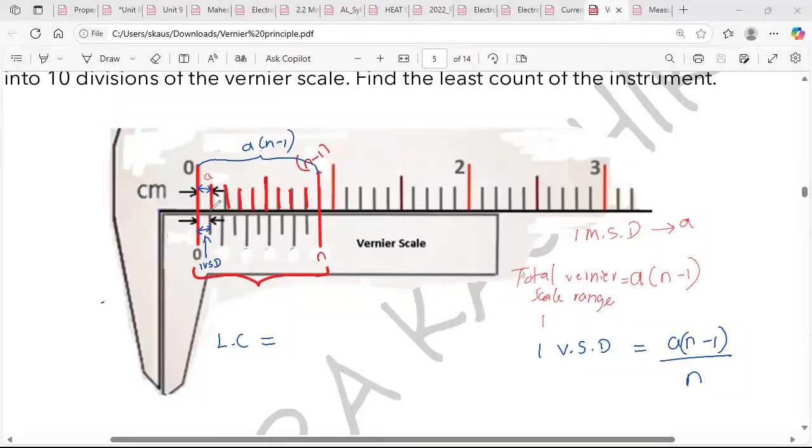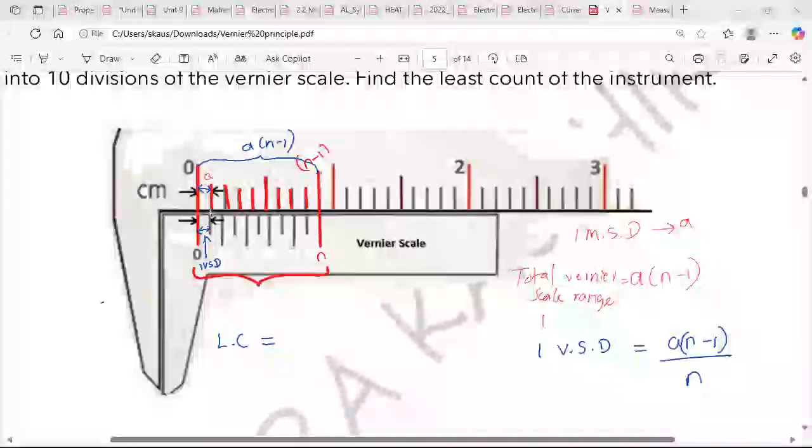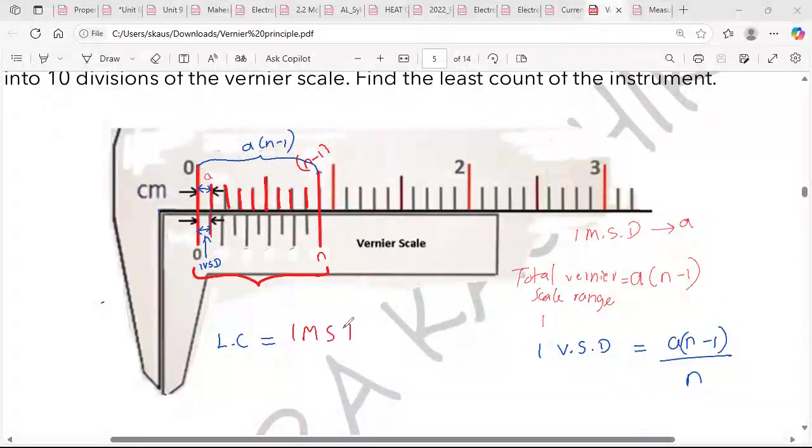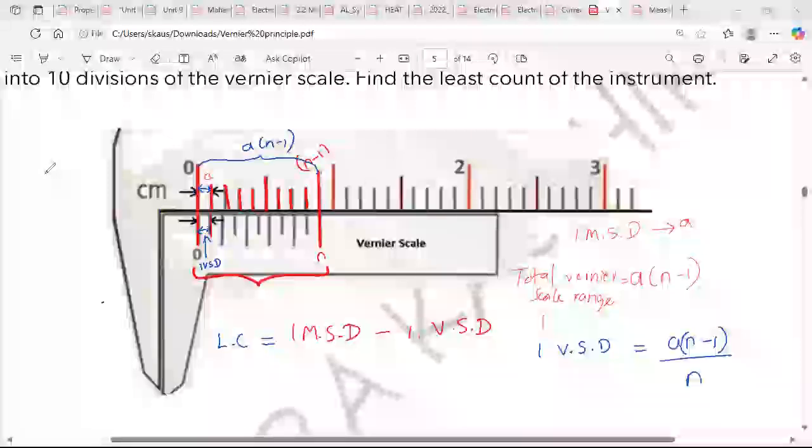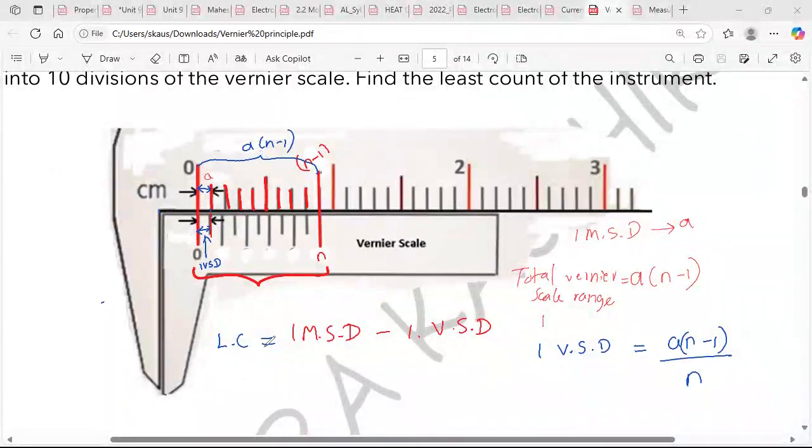So their difference is equal to the value that has to be moved in order to coincide these two lines, right? That difference is the difference between one main scale division and one vernier scale division. So that is the least count of the instrument, right? That is the least count of the instrument.